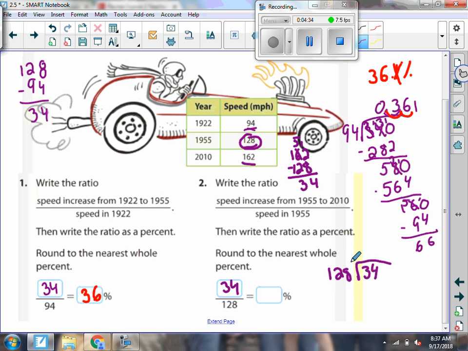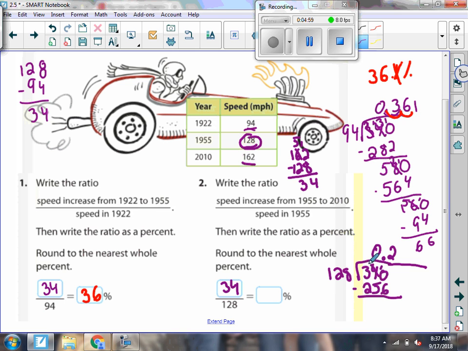Okay. 128 goes into 34 0 times. I have a 0 and a decimal. It goes into 340 2 times. So it's 256.